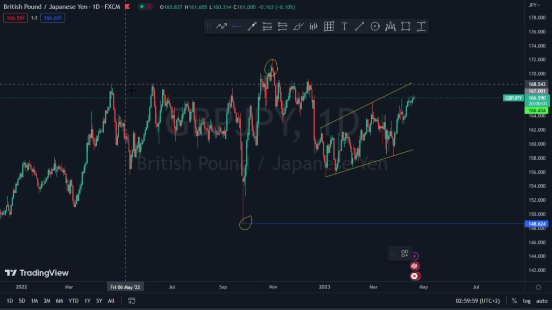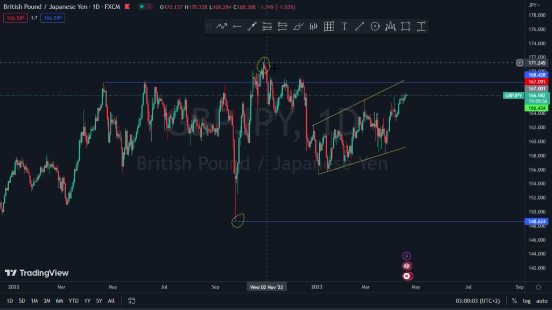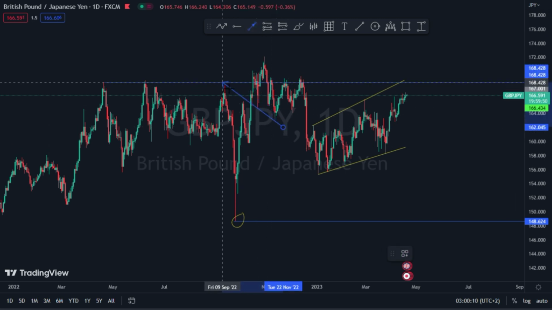I would have used these areas as my highs, right? Now you can see that the market pushed through to break above these highs right here, right?